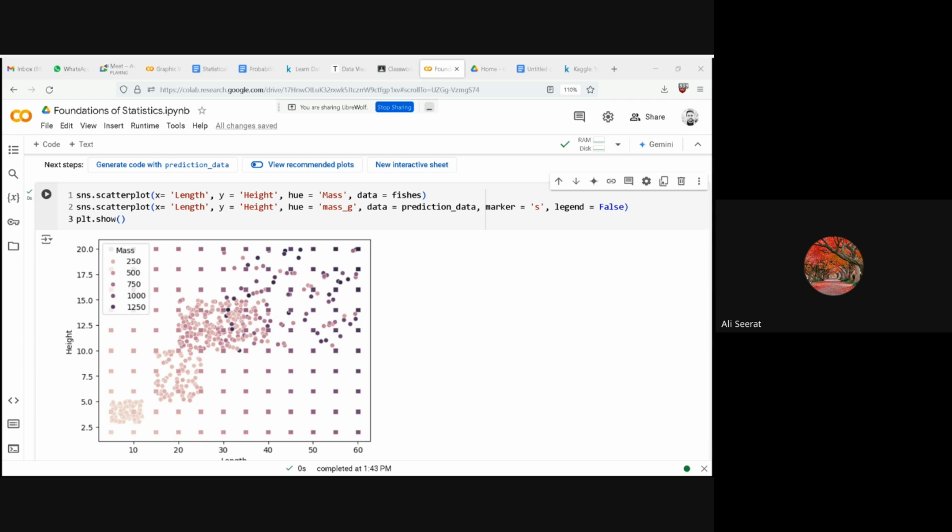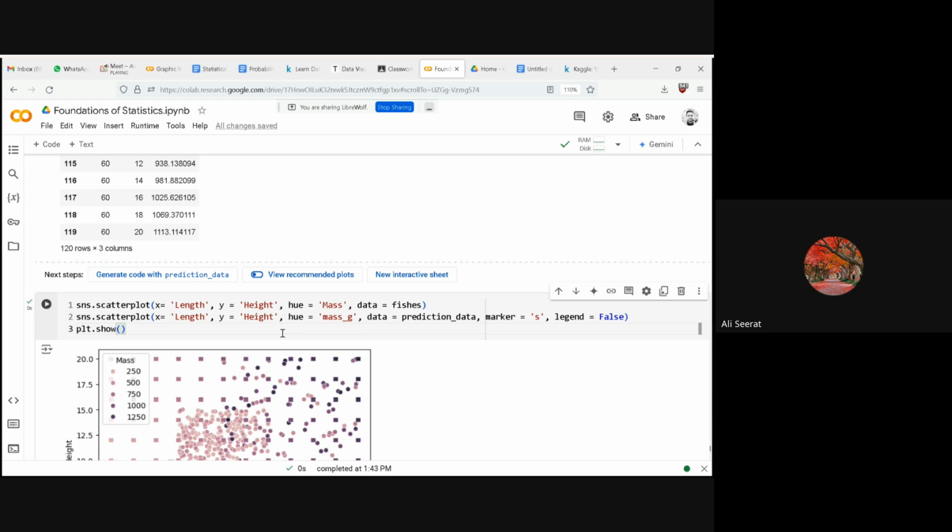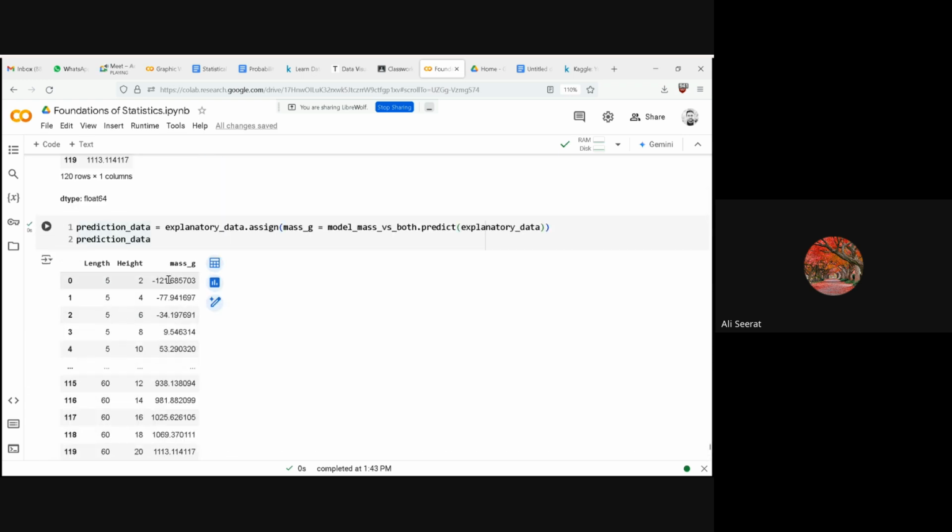There are some minus values as well. Those are the ones we have to understand, because these are not valid combinations. What does it mean, these minus ones? It's a not valid combination.